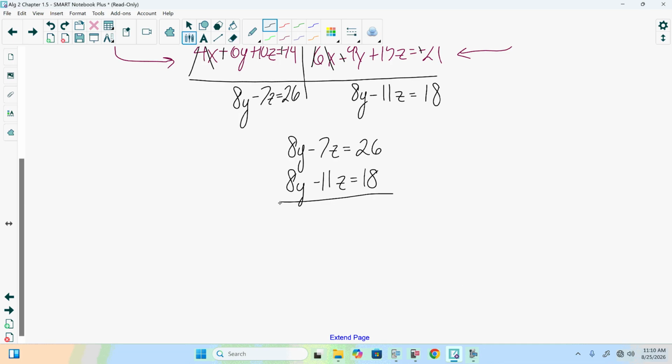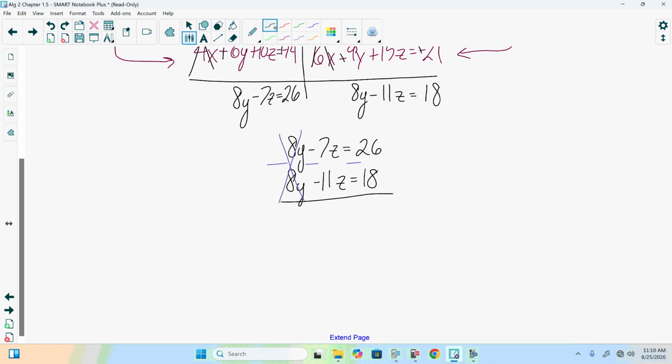What do we think? Subtract. 8y minus 8y, 8 minus 8 is 0, yes? If we want to eliminate it, we want it to be 0. So we will indeed subtract, because 8y minus 8y, 8 minus 8 is indeed 0.